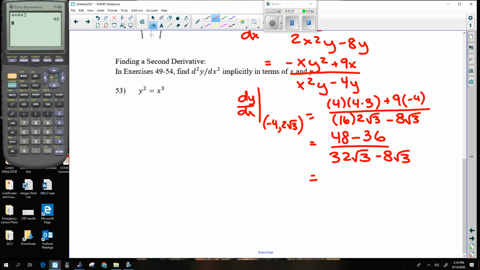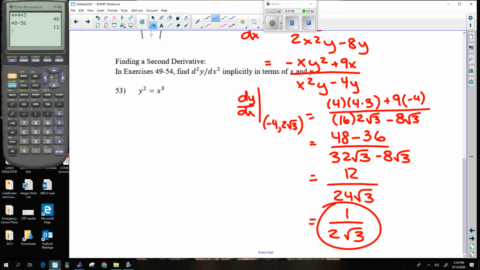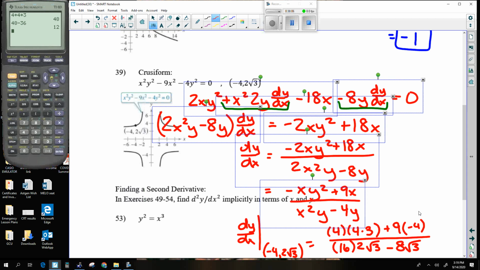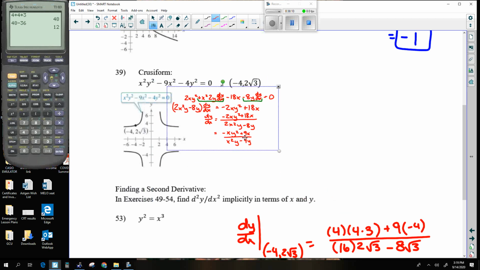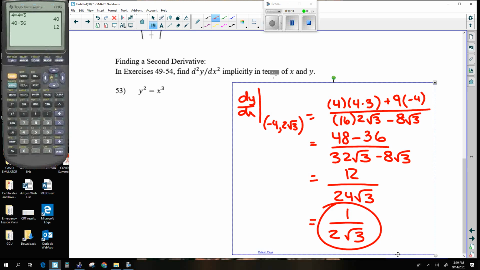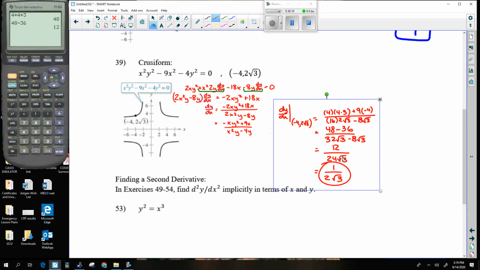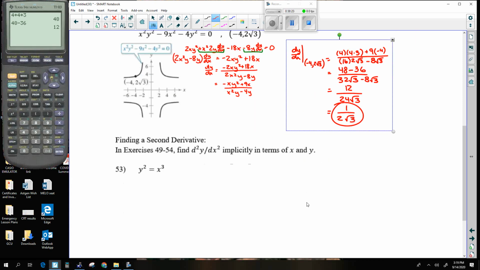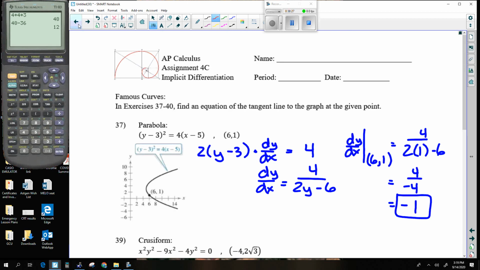So that is 24 root 3 all over 48 minus 36, 12. So this is 1 over 2 root 3. The gravy.